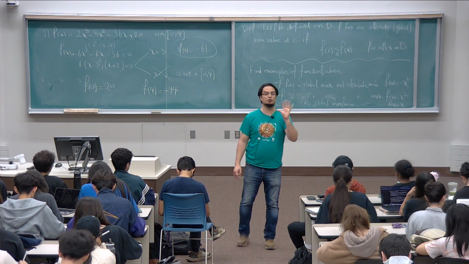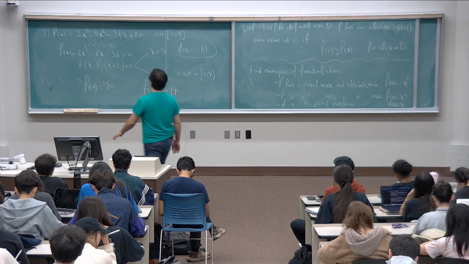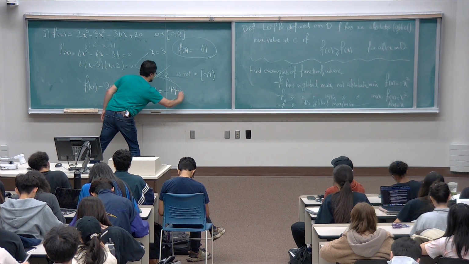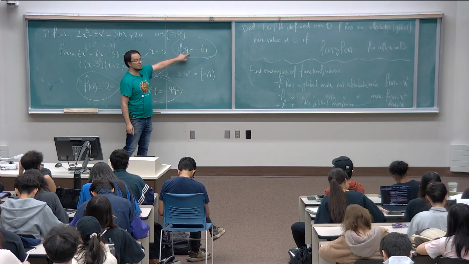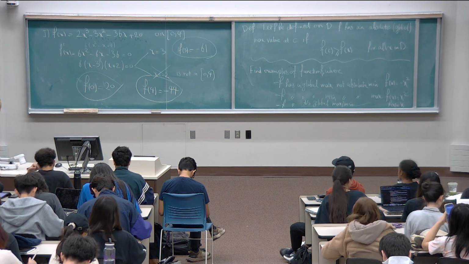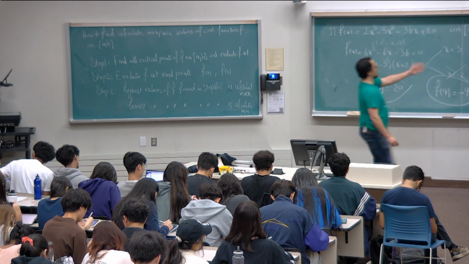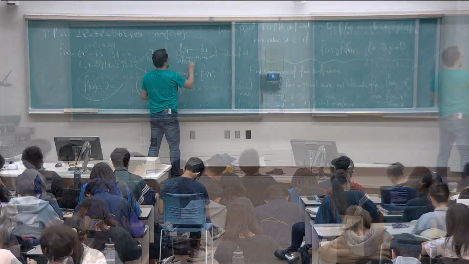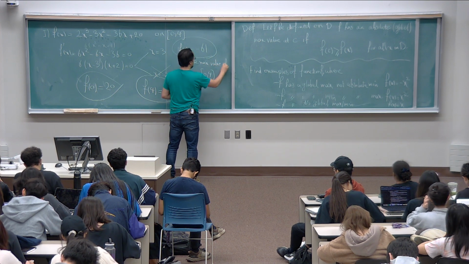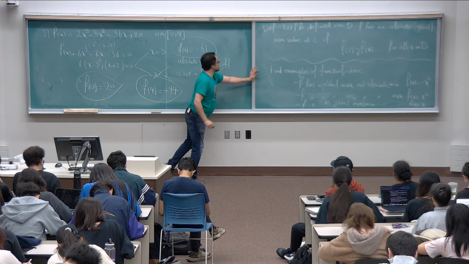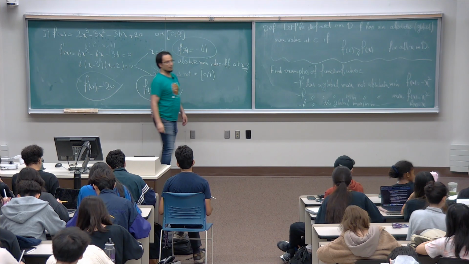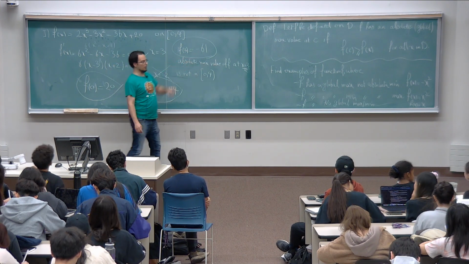This is what you do when you're trying to find absolute max and min. In other words, now I can ignore every other point and just focus on these 3 values. And then we want to find which one is the smallest one. This is the smallest one, so this is the absolute min value of f, which happens at x equal to 3, but the value is negative 61.